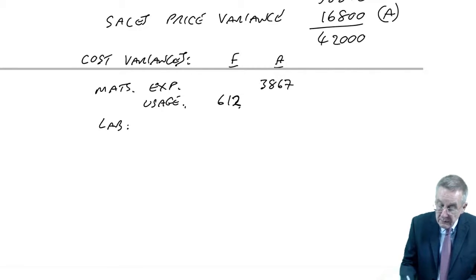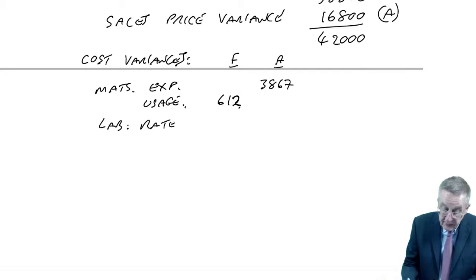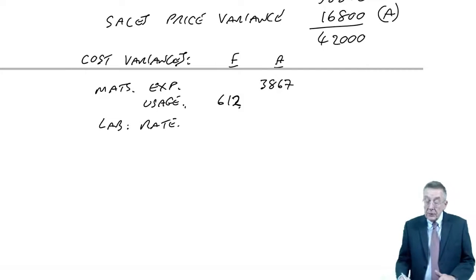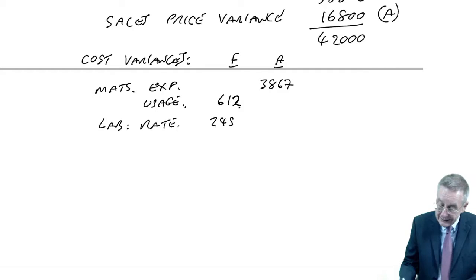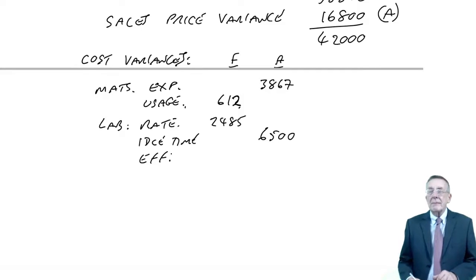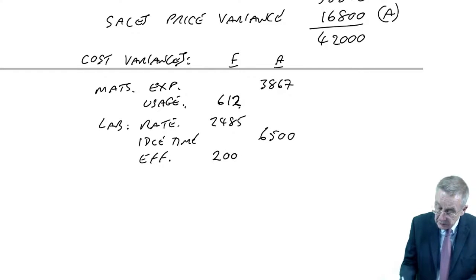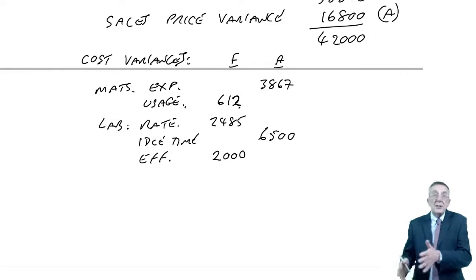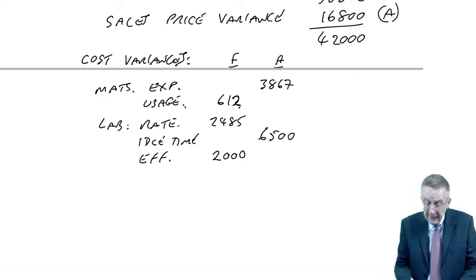Labour, we had a rate of pay variance. I can remember that one, it was 2,485 favourable. We had an idle time variance, I can do that one in my head, it's 6,500 adverse. We had an efficiency variance of 2,000 favourable. So see what I'm doing, I'm just listing, we've done the workings.